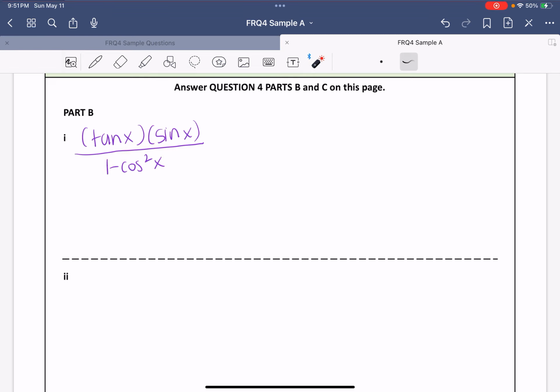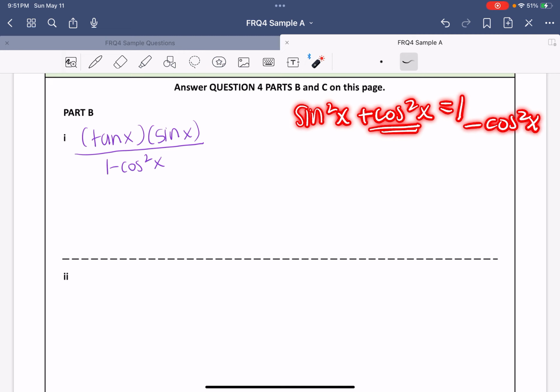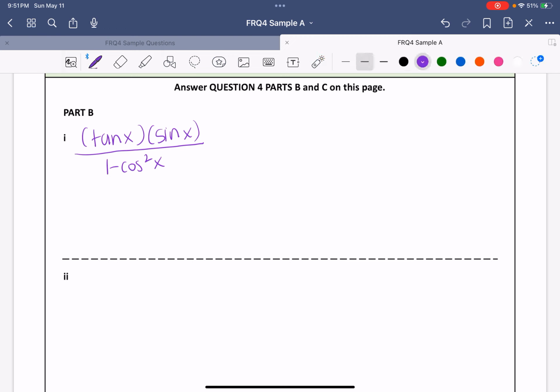Now, there's a Pythagorean identity that says sine squared plus cosine squared equals 1. So what they did here is they got this cosine and subtracted it over to the other side. So then it cancels, but what's left over is sine squared. So that whole denominator can be rewritten as sine squared.